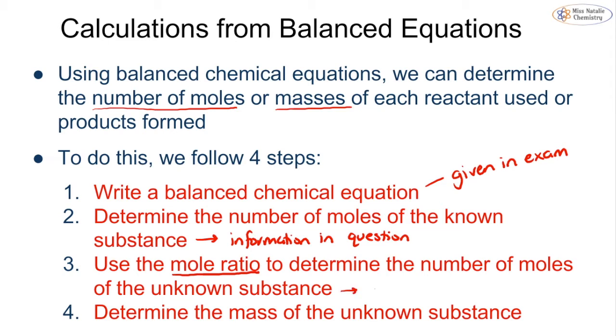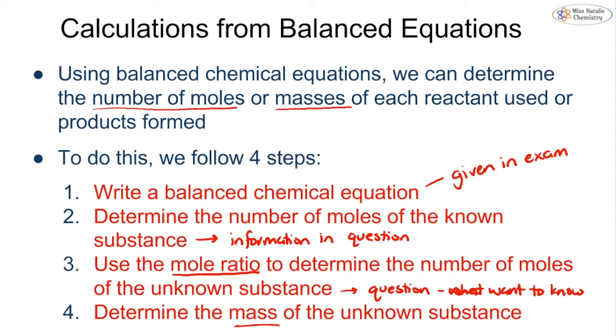So this is the substance in the question that we want to know about. So you may be asked, calculate the number of moles of oxygen. So our unknown substance would therefore be oxygen. Once we then have that mole ratio, we can then determine the mass of that substance.